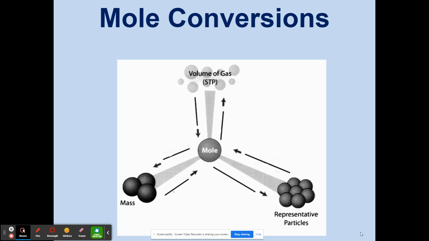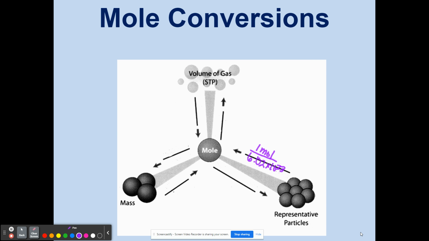So we're going to write on your notes each of the equalities going from one thing to another. So let's start with representative particles. If I go from a number of particles to my mole, I'm going to have 1 mole over Avogadro's number, 6.02 times 10 to the 23rd.